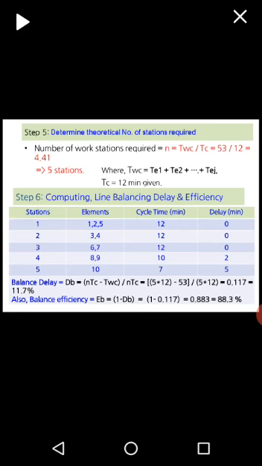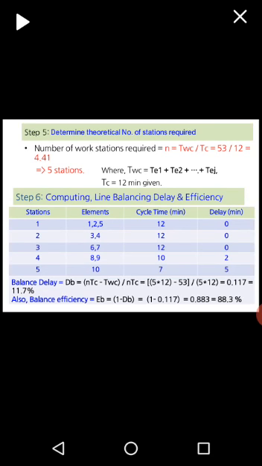Coming to step 6, computing line balancing delay and efficiency. In station 1, the elements are 1, 2 and 5 and its cycle time is 12 minutes, and there is no delay time, 0.